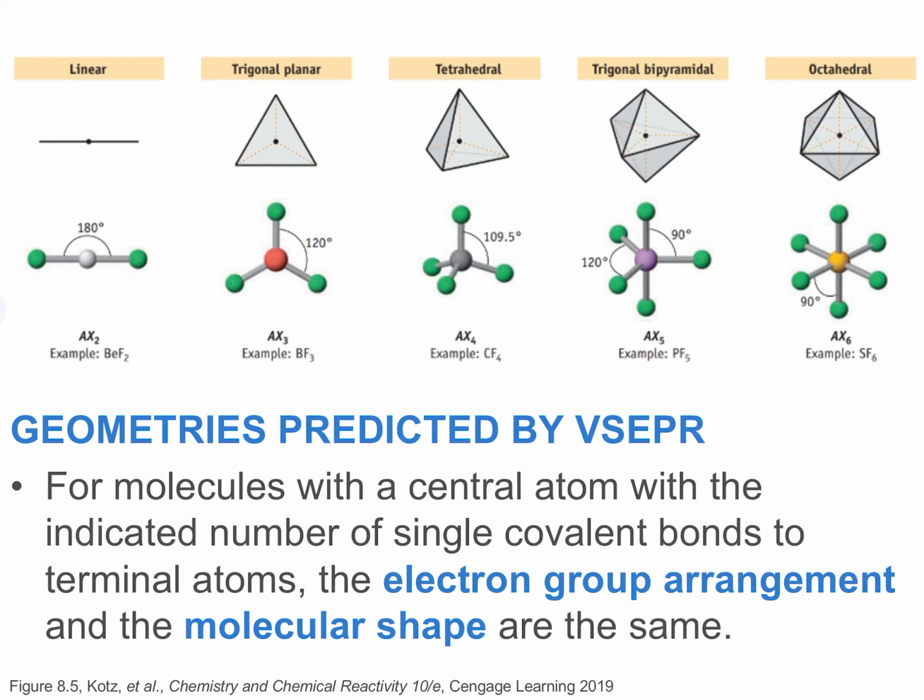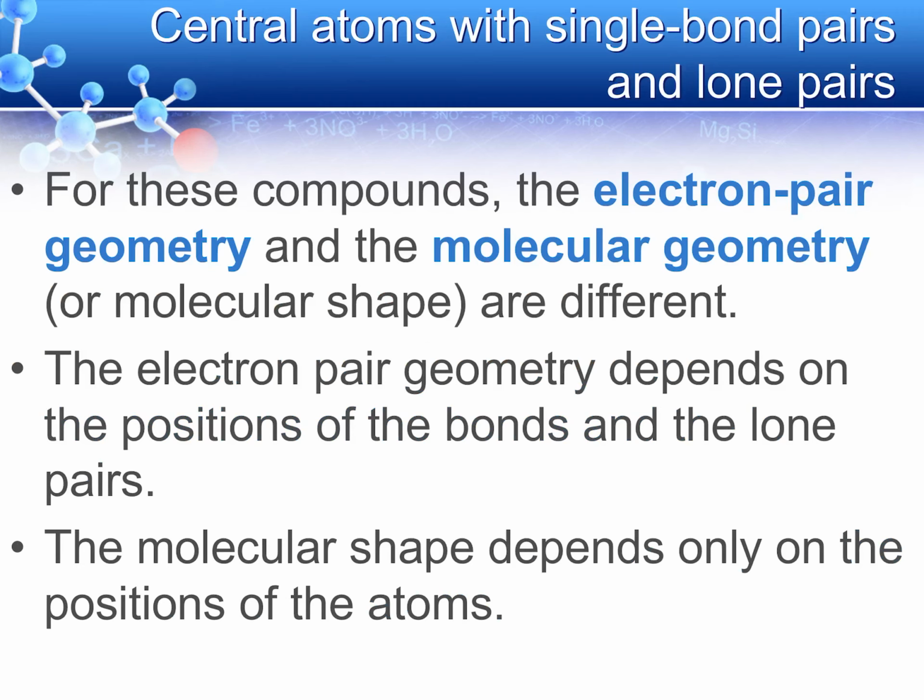So if we look at our Lewis structure and we have compounds that have all bonds and no lone pairs, the electron pair arrangement is going to be the same as the molecular shape. For example, silicon tetrachloride: its electron pair arrangement was tetrahedral, and its molecular shape was also tetrahedral.